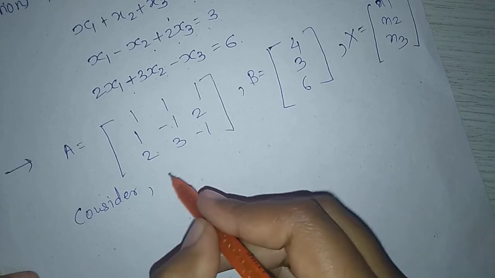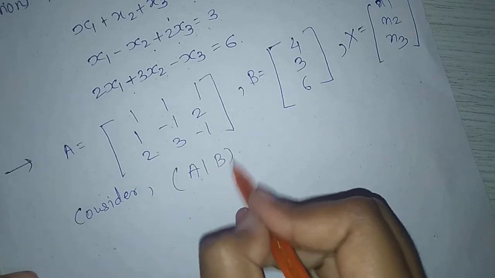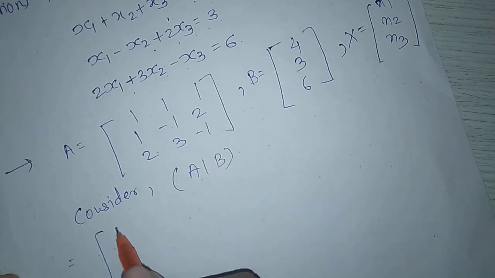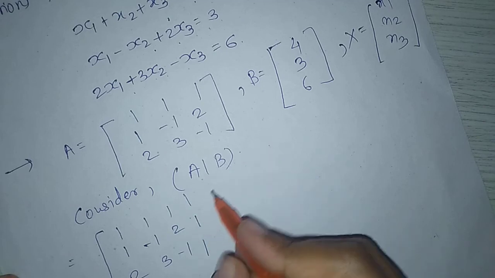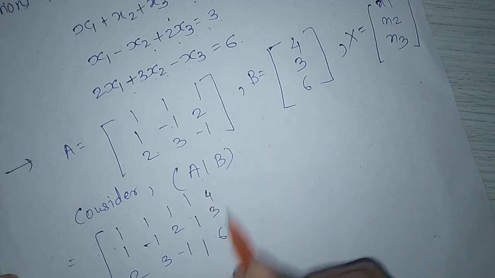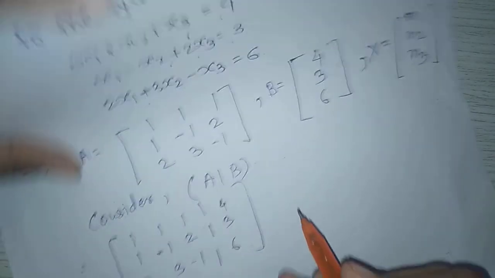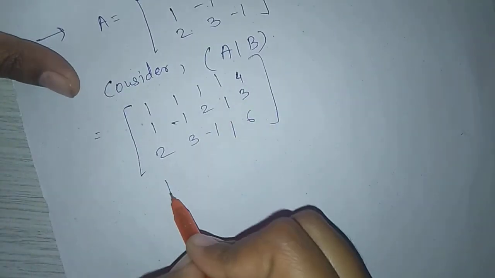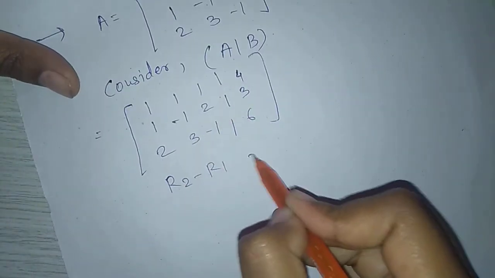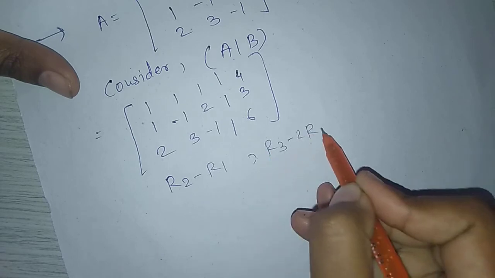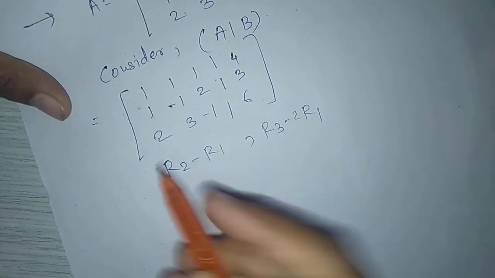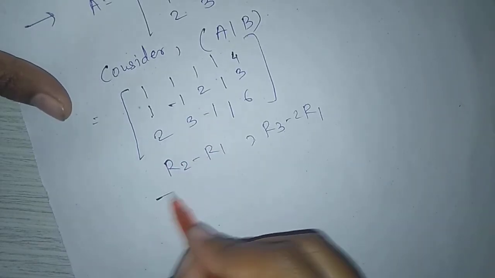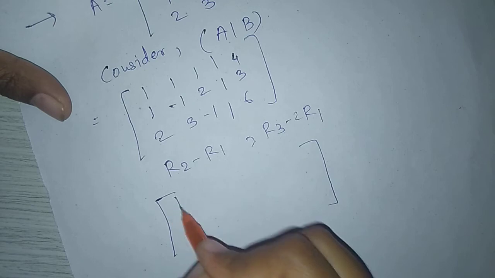Consider the augmented matrix A augmented B, which is 1 1 1, 1 minus 1 2, 2 3 minus 1, and add the column matrix of constants 4 3 6. Apply the row operations R2 minus R1, R3 minus 2R1. We get the first row as it is.